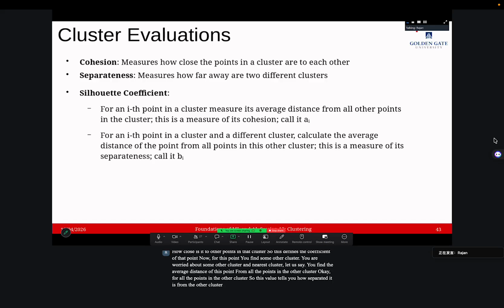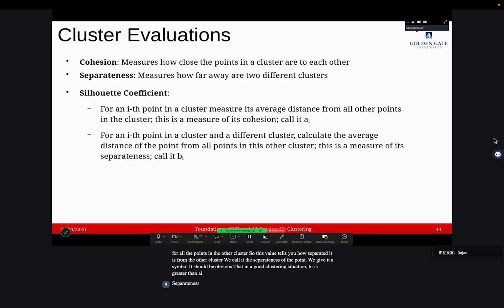We call it the separateness of the point, and give it the symbol BI. It should be obvious that in a good clustering situation, BI is greater than AI. Separateness is greater than cohesion, in a good clustering scheme.